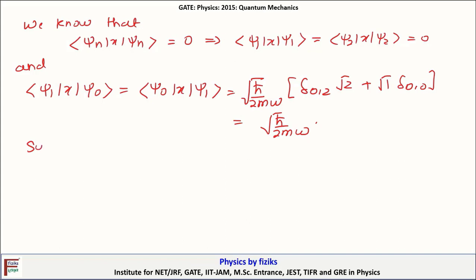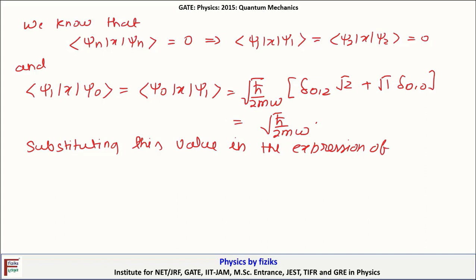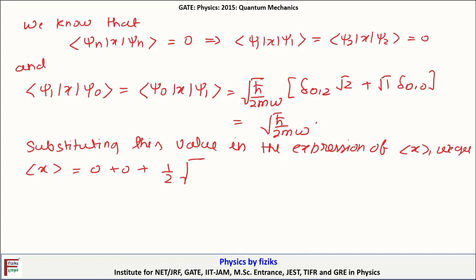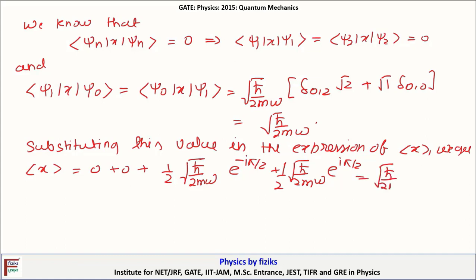Substituting this value in the expression of average x, we get <x> equals 0 plus 0 plus 1 by 2 root of h cross by twice m omega into e to the power minus i pi by 2 plus root of h cross by twice m omega e to the power i pi by 2, which can be written as root of h cross by 2 m omega cos pi by 2, which is equals to 0.